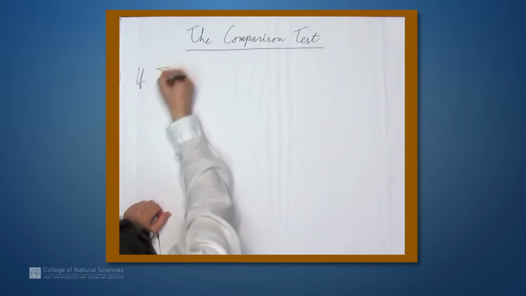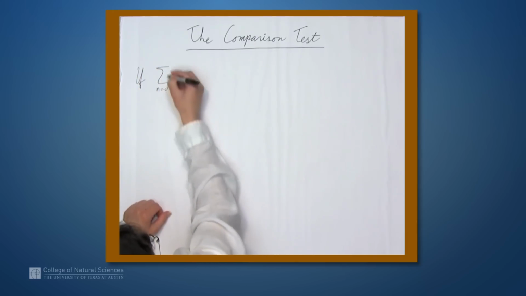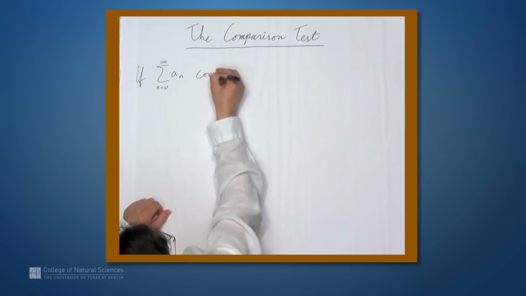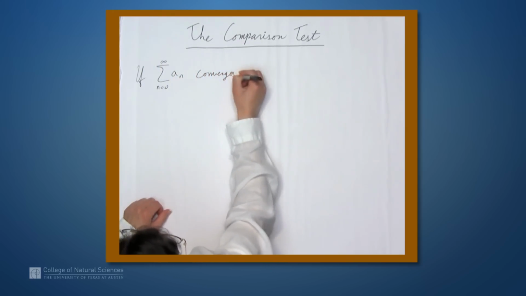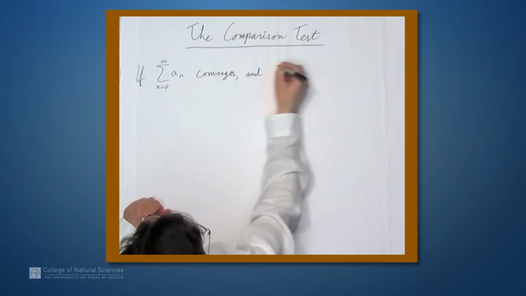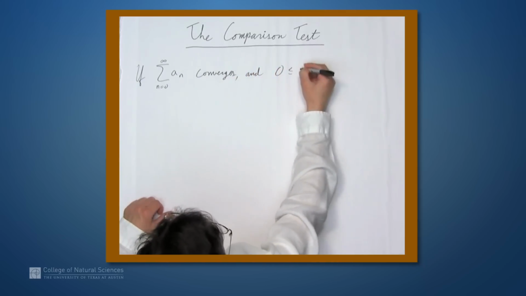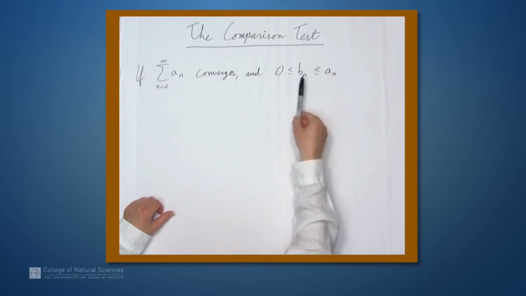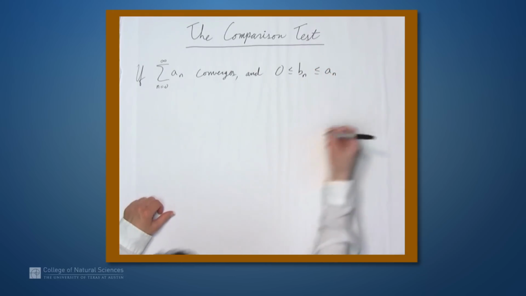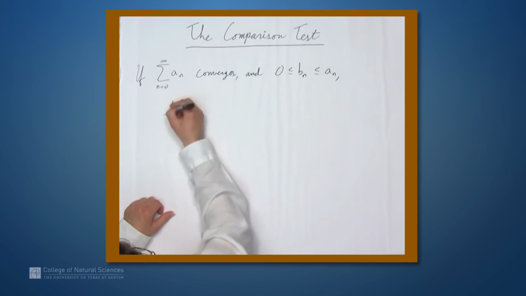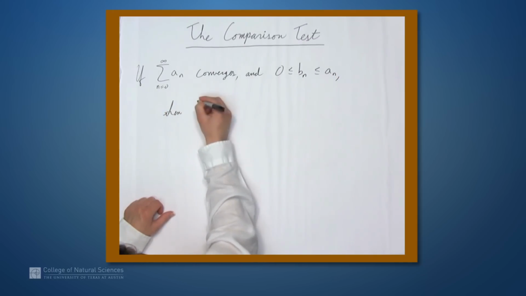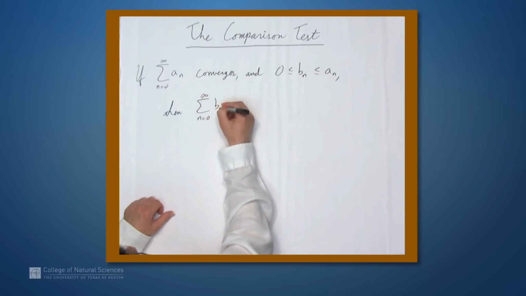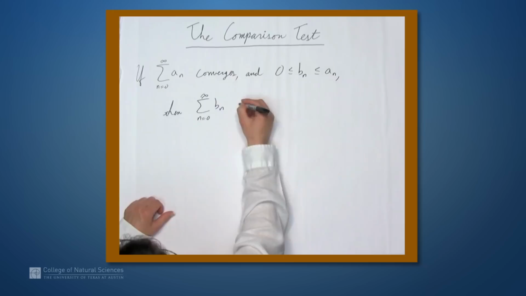If the series from n equals 0 to infinity of a sub n converges, and 0 is less than or equal to b sub n less than or equal to a sub n for some sequence of numbers b, then the series sum from n equals 0 to infinity of b sub n also converges.